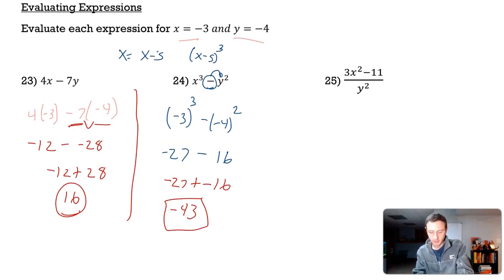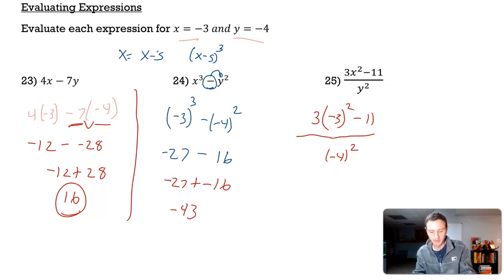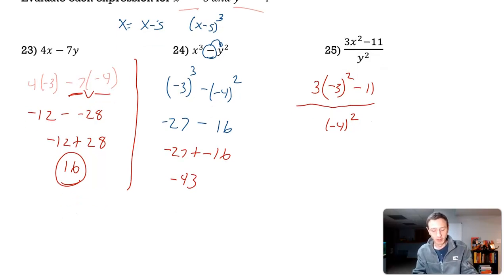Last one, 3x squared minus 11 over y squared. So that's going to be 3 times the x value of negative 3 squared minus 11 over the y value, negative 4 squared. Evaluate the exponents. So same thing I've been talking about. Negative 3 squared is in parentheses, so that's negative 3 times negative 3.